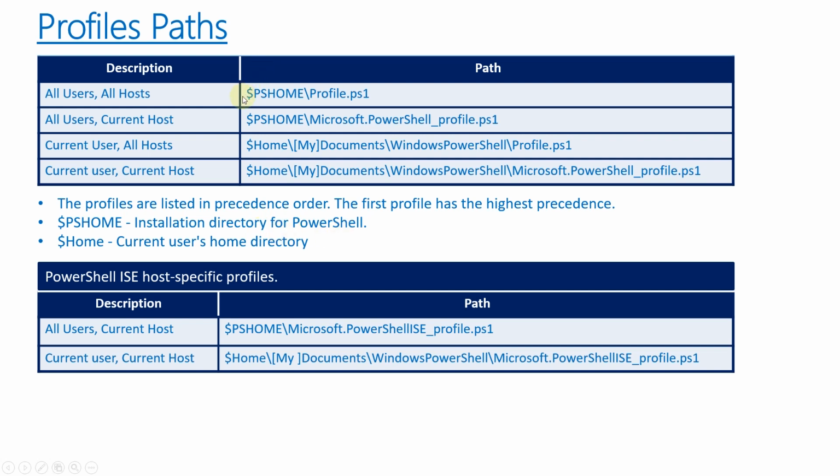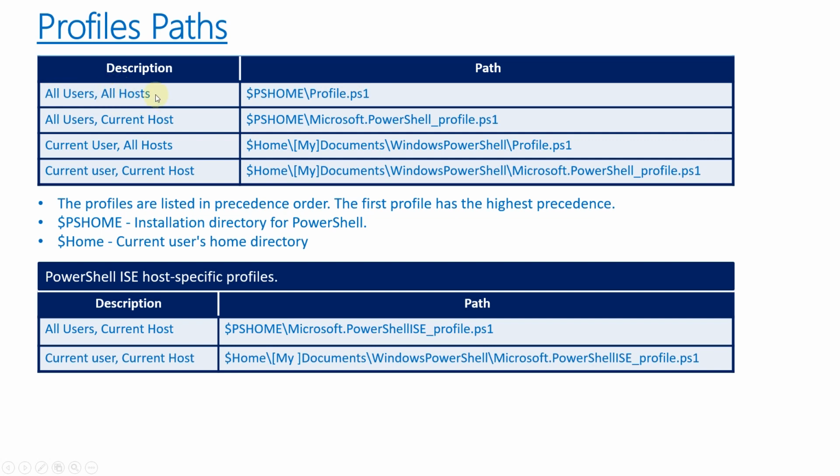When it is expanded, it will have the full path of the installation directory of PowerShell, and after that this is the main file which will be created under this directory. So the file name will be profile.ps1. If we write something in this file, that element will be available to all users and all hosts.